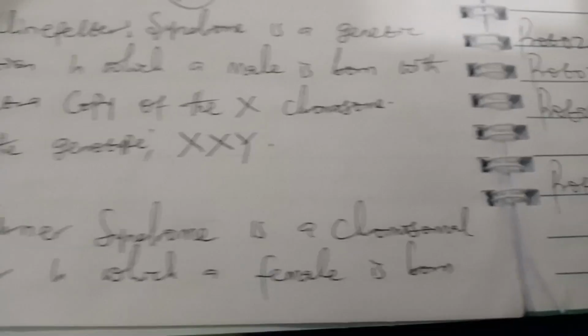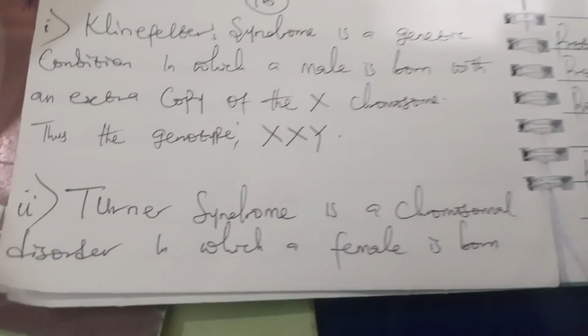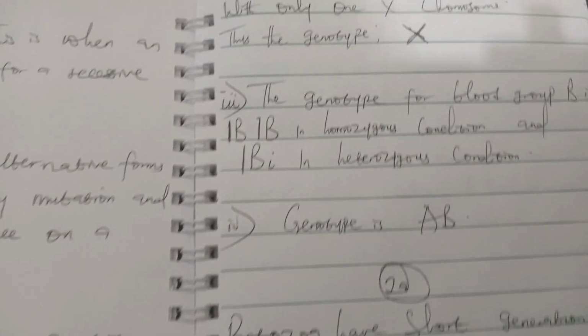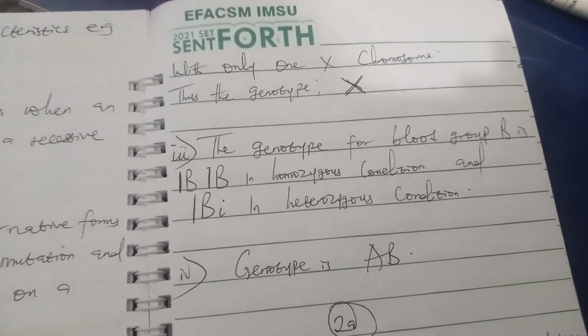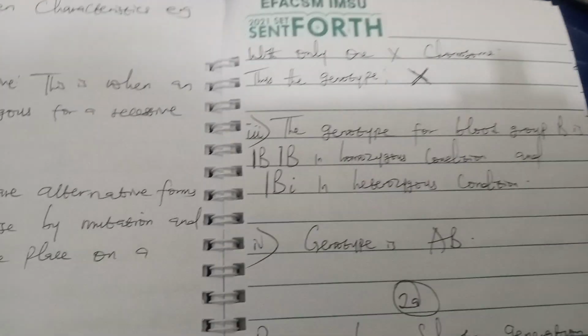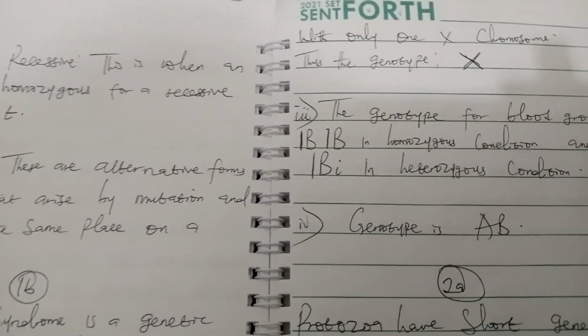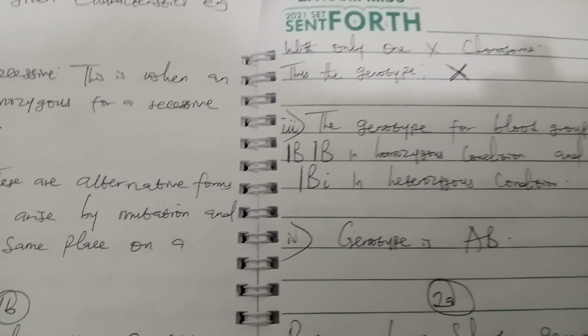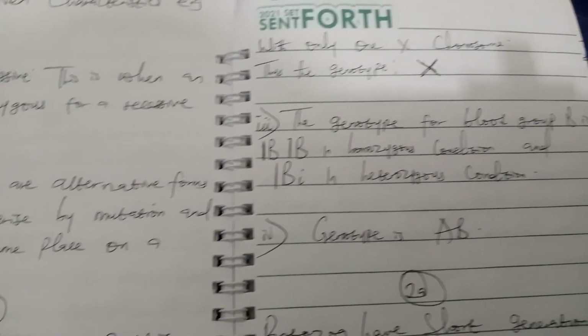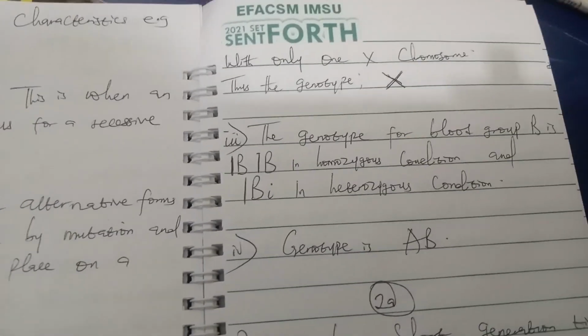Now let's go to Turner syndrome. Turner syndrome is a chromosomal disorder in which a female is born with only one X chromosome. Someone will ask you, what's the genotype of every female? It is XX. Here, it is a chromosomal disorder in which a female is born with only one X chromosome.